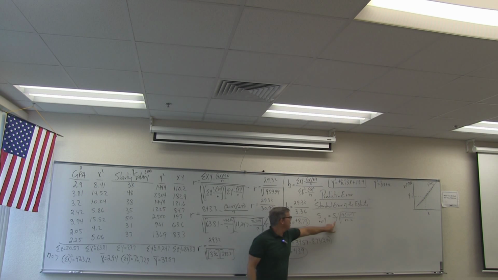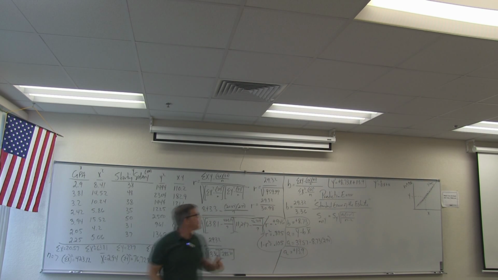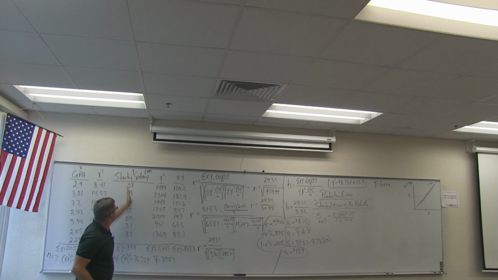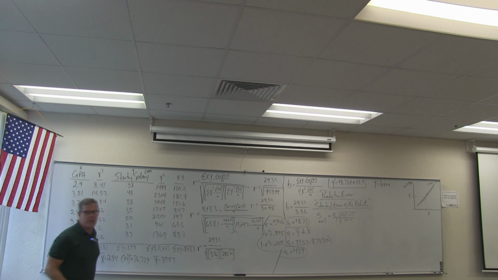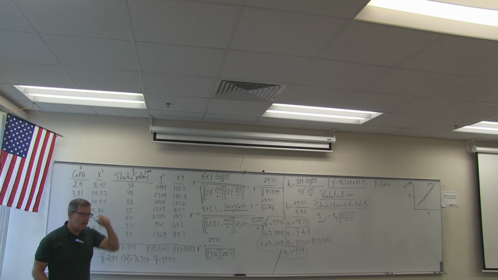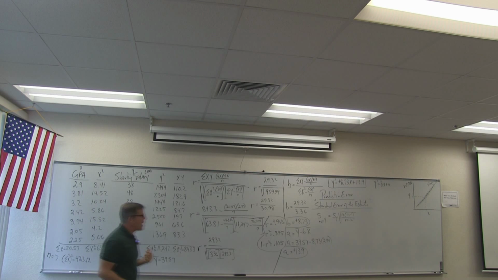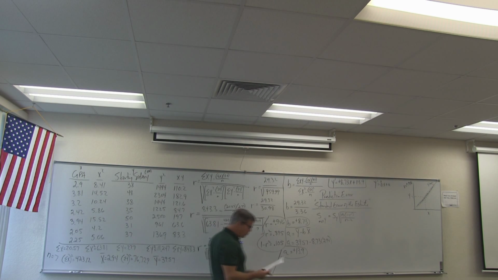So we see this pesky little s sub y, which is the standard deviation of this y column of scores. This requires us to compute that. We won't do that. It's going to take a little too much time for us. What I will do is actually provide that for you, and I will always provide that for you.